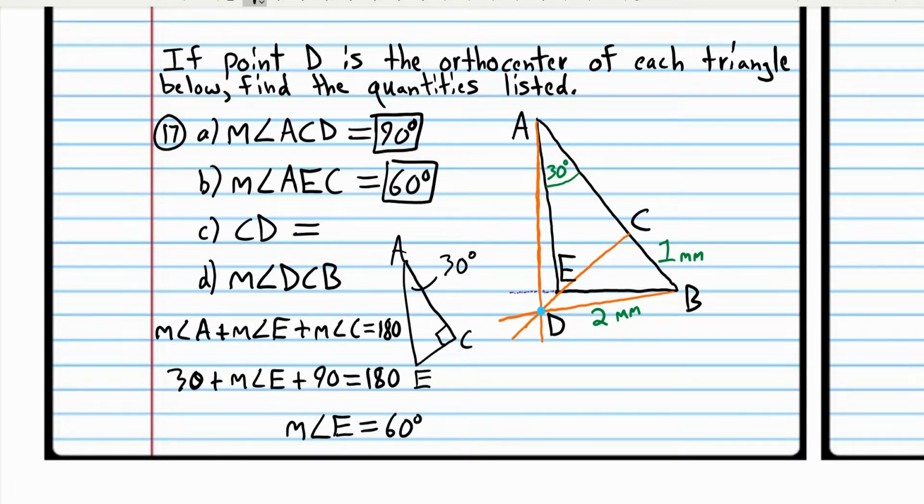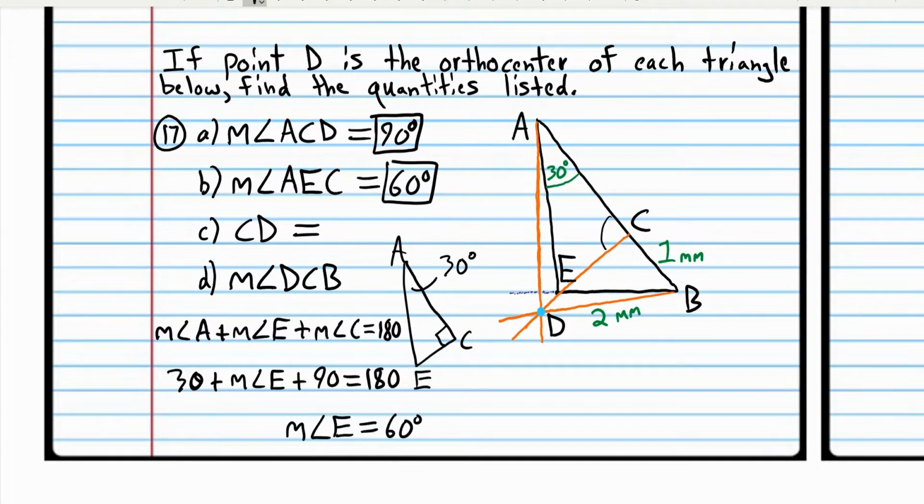Now we need to find the length of CD. Now we know that this side is 1 and this side is 2, and we see we have a right triangle there. If this is a 90-degree angle, then this must be a 90-degree angle. So we can take this triangle out. Let me highlight that to show you what triangle we're using.